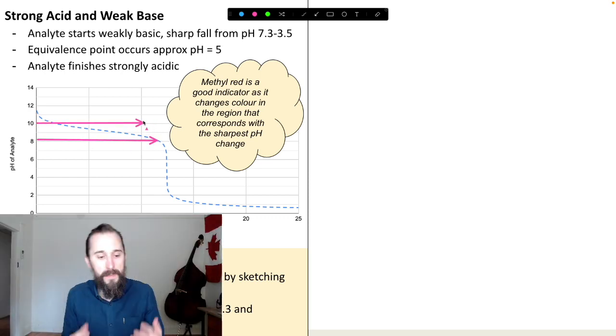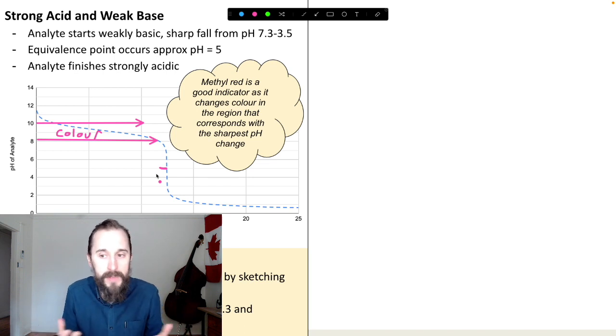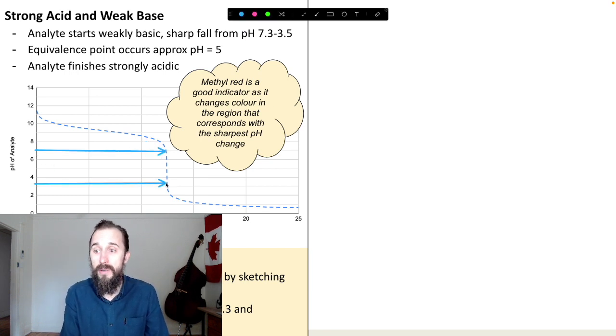That wouldn't be useful for this particular acid-base titration, because the color change occurs before our equivalence point, and at the equivalence point we've already changed the color. So how would that detect the equivalence point? That's what I'm trying to stress: our indicator needs to have the color change within this really sharp drop.